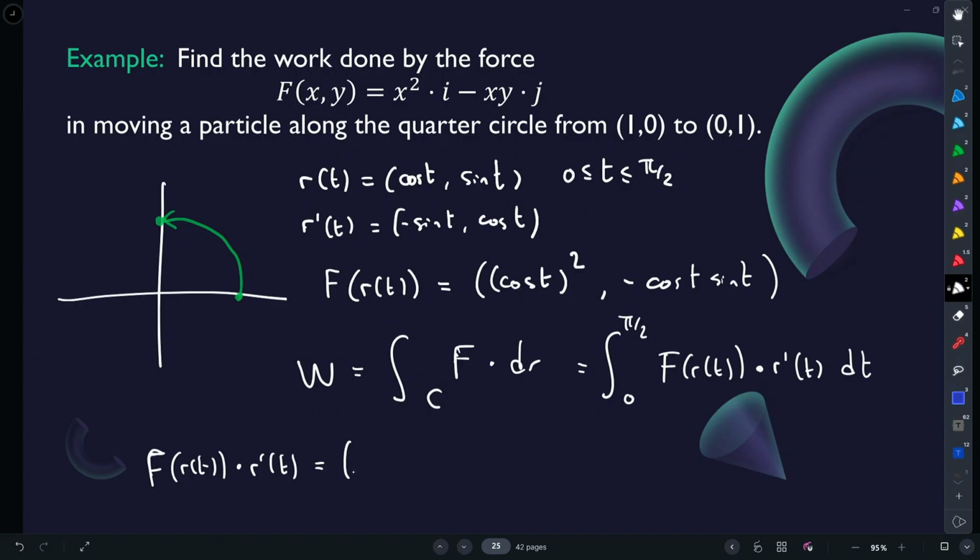That is (cosine squared t, minus cosine t sine t) dot (minus sine t, cosine t). If you do the dot product, it will be cosine squared t times minus sine t, plus minus cosine t sine t times cosine t. And overall, what I get is minus twice cosine squared t sine t. So that's the function that I need to integrate.